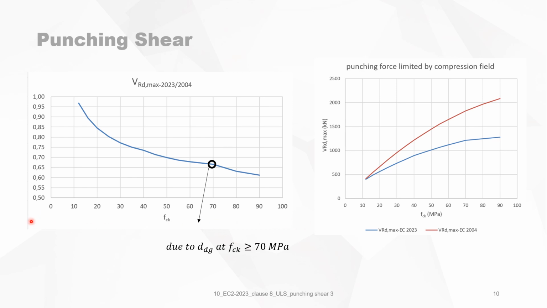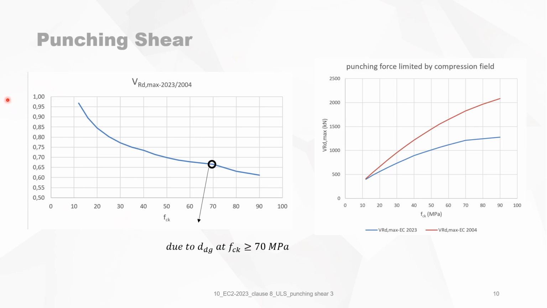On the x-axis, we have the concrete quality. On the y-axis, we will have the ratio of VRd,max with, as a reference value, the value for the Eurocode 2004. And you will see that when the concrete quality increases, the maximum allowable shear force is decreasing with respect to the code 2004.